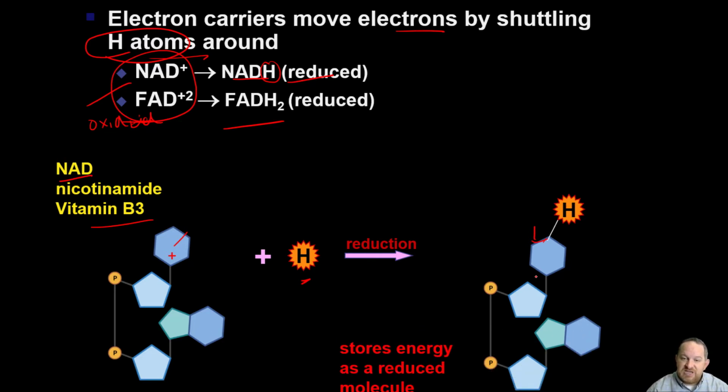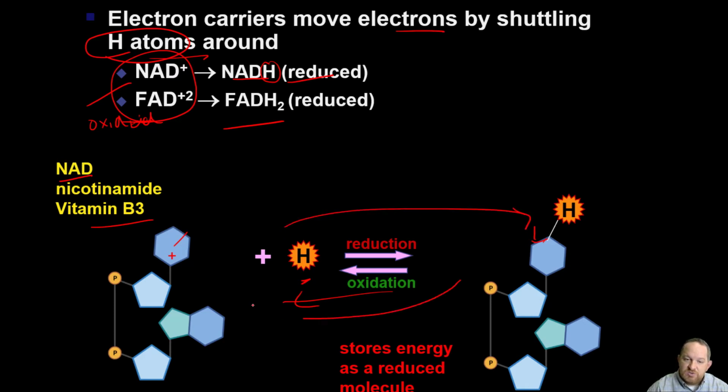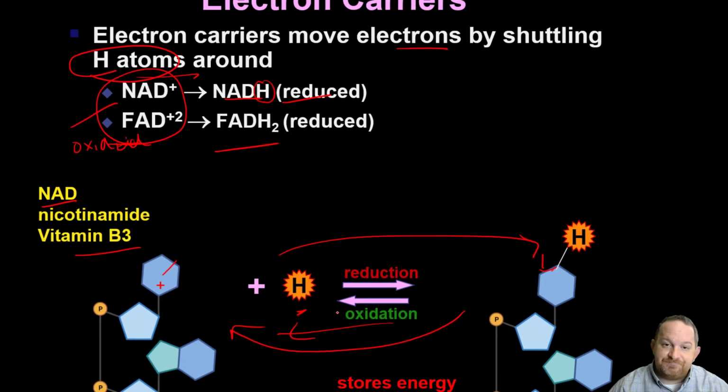Now the opposite can take place, of course, and the oxidation can occur, and we can go back to this step. So these electron carriers just go back and forth. NAD picks up the hydrogen electron, takes it over. Once the electron is used, it'll go back. So much like ATP, electron carriers go through their own cycle.